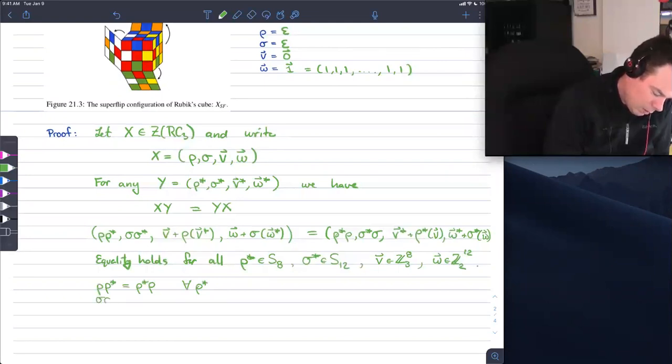It means that sigma star is equal to sigma star sigma for all sigma star.